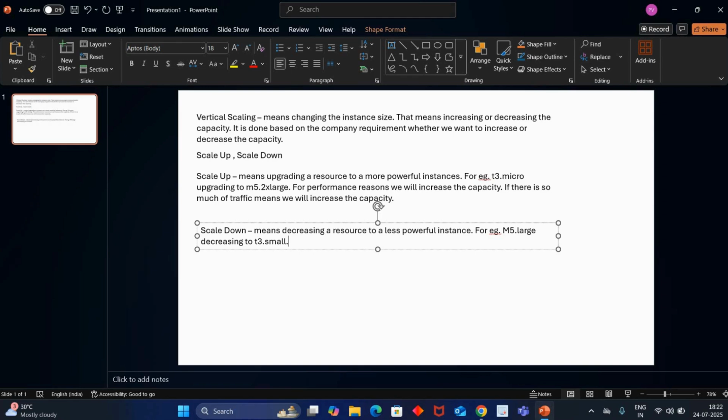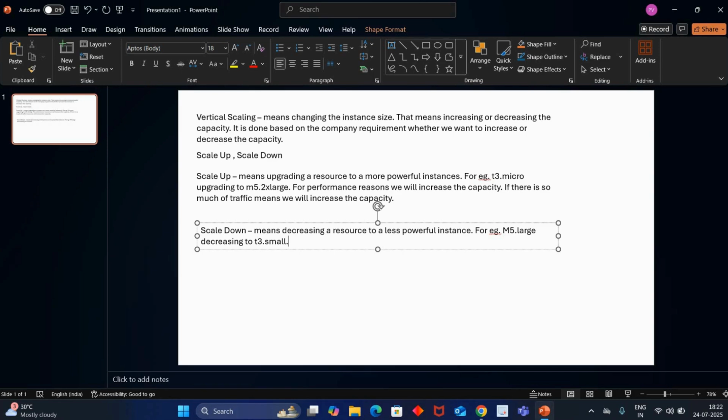So that means now we are using a high level, more powerful m5 large instance, but now we don't need that. If that is the case, we can decrease the size of the instance. So if we are using an m5 large instance, we can decrease the instance to a t3 dot small. Okay. So that is called scale down.